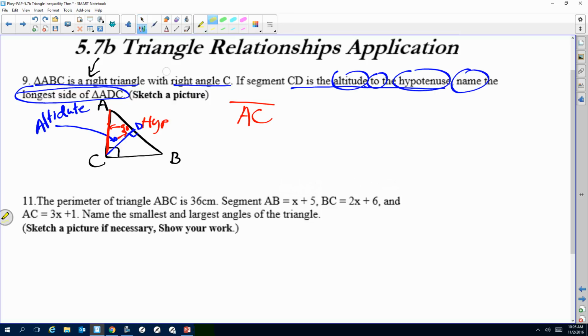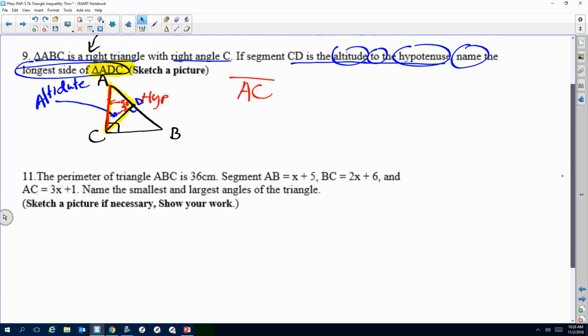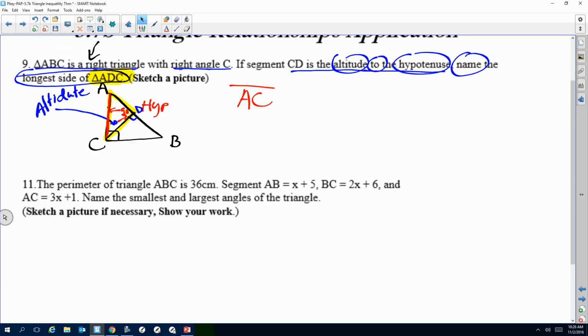I'm looking, here's this triangle. I'm going from A to D to C. D is the 90. In the triangle, yes. Because there's more than one triangle.